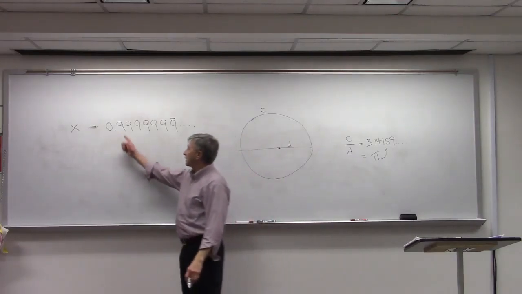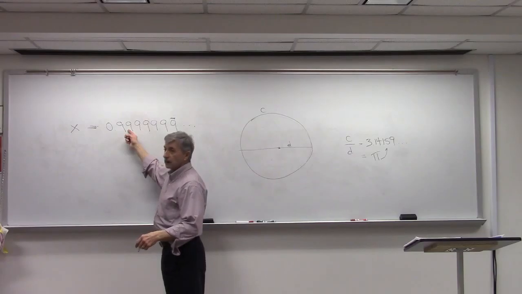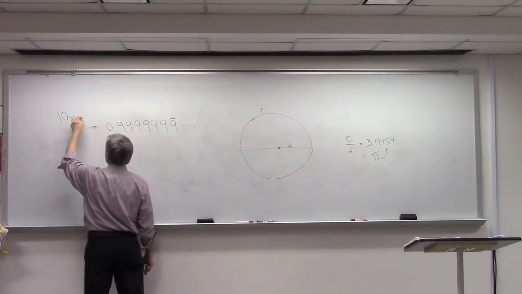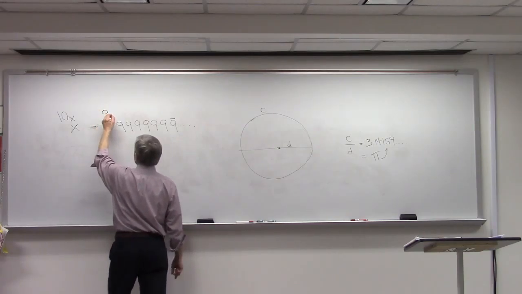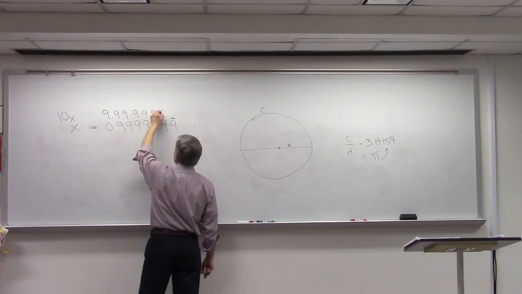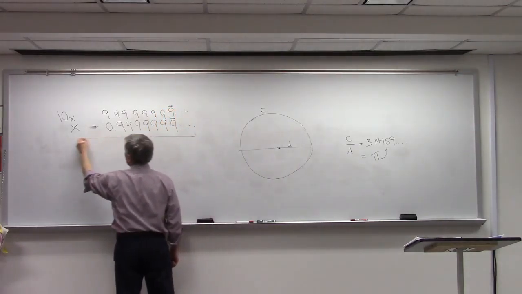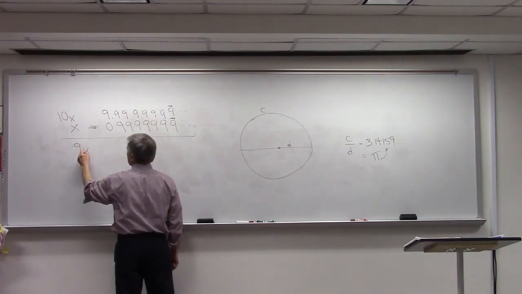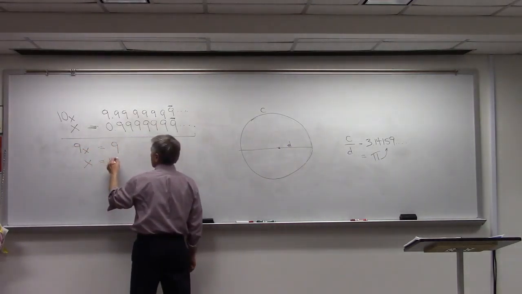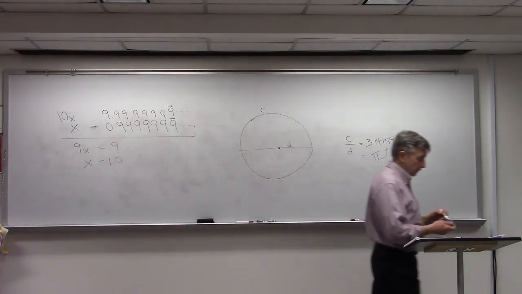And because that decimal repeats itself after one decimal place, I'm going to multiply each side by 10. And 10x is equal to 9.999, all the way out to infinity. Subtract the two, and I have 9x equals 9, or x equals 1. Okay? So that decimal is a rational number.